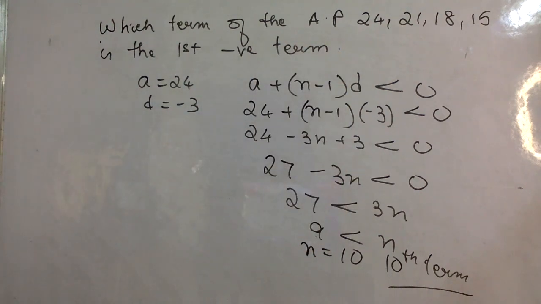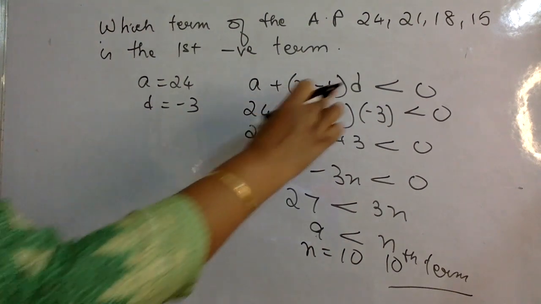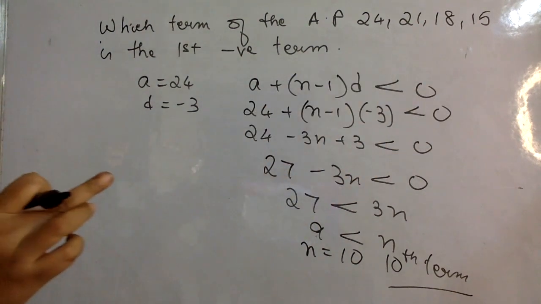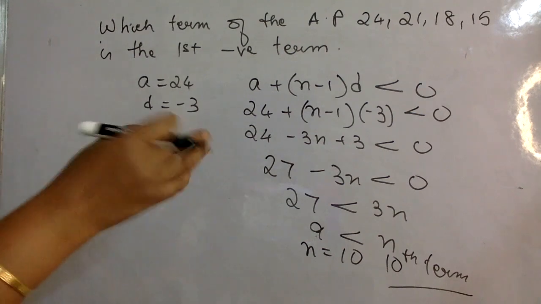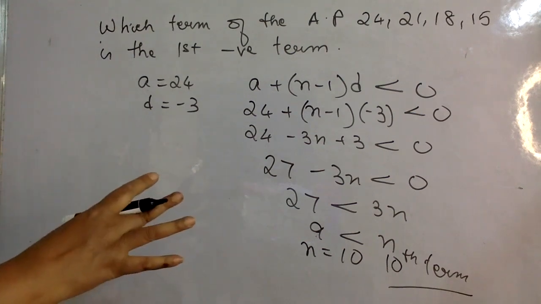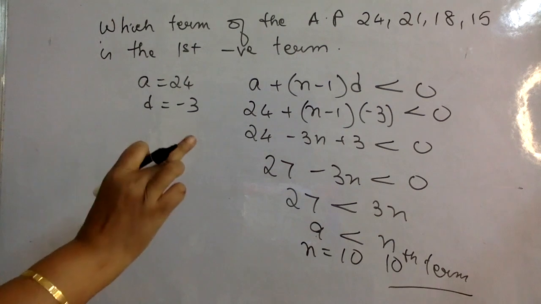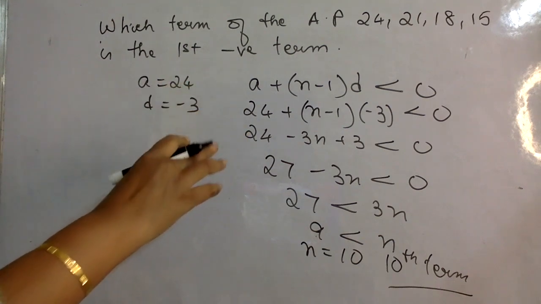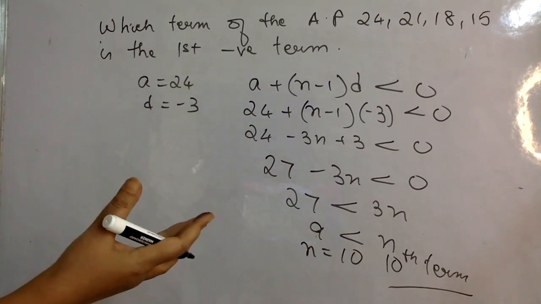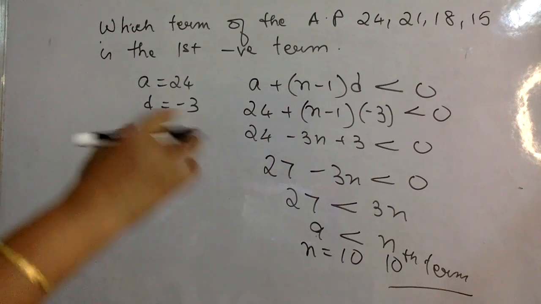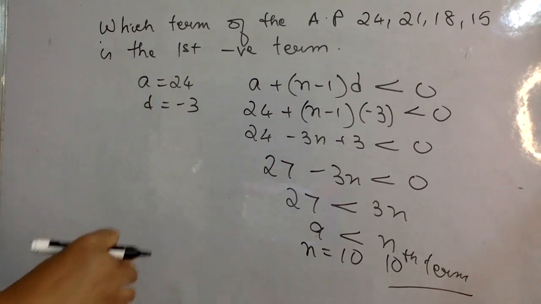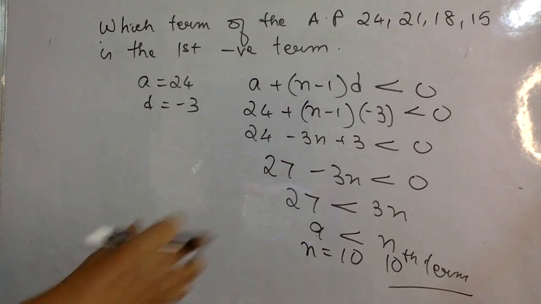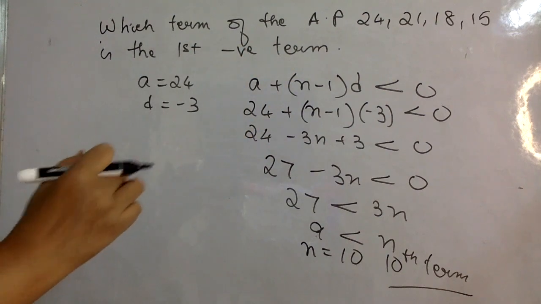Here I want to tell another thing. I have seen people equating it to 0. In some sums, like in this particular sum, you will get a correct answer, because we get n equal to 9 when the term is equal to 0.